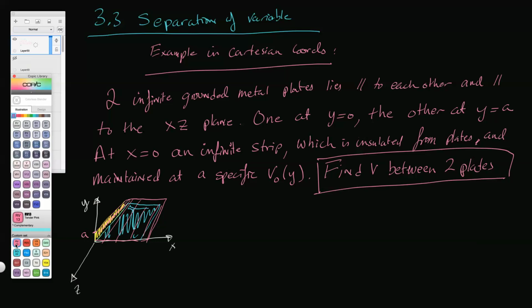We know a bunch of stuff. Boundary condition 1 is that we know they're grounded, right? So V equals 0 at y equals 0. That's the blue plate at the bottom.